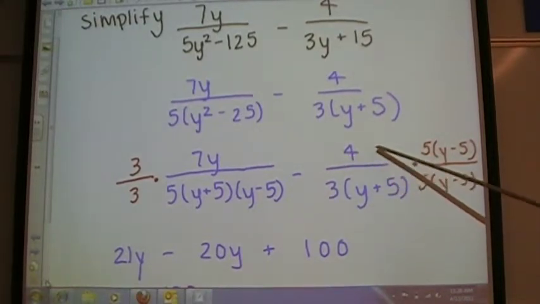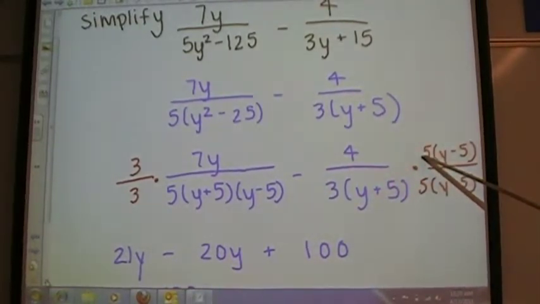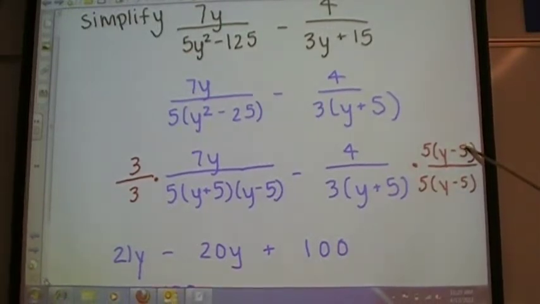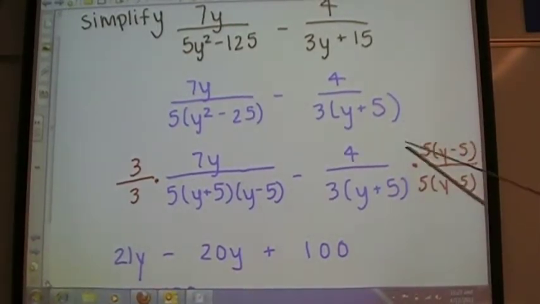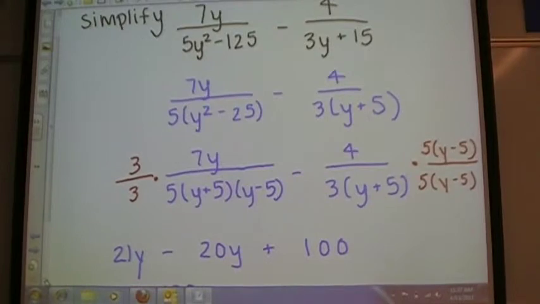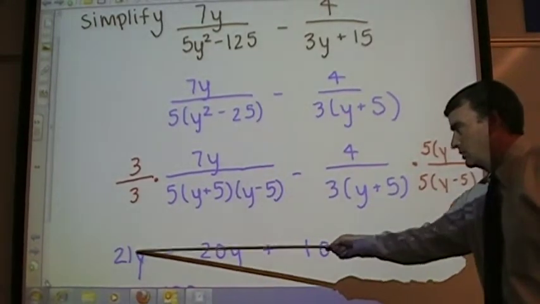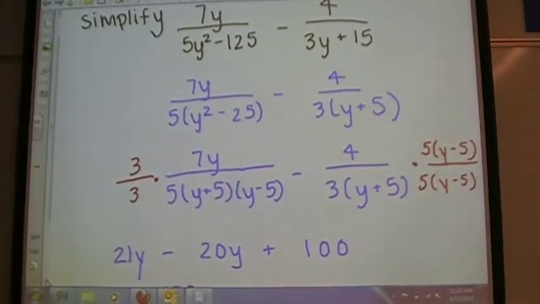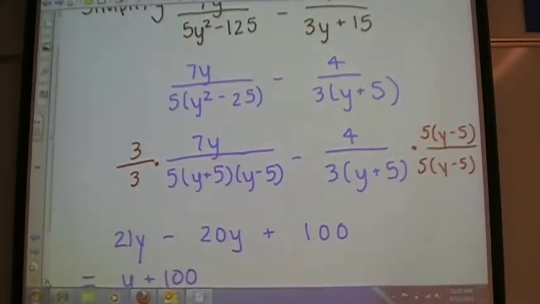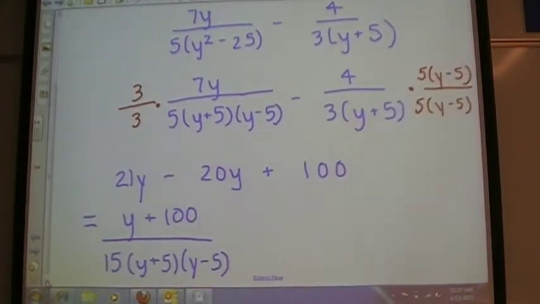Well, you're multiplying this number by this number, which is 20, but then you have to distribute that here. Or you can distribute first, then multiply. Either way, you'll get 100. Okay? Then I can combine these two to get what? 1y. So your answer is y plus 100 divided by your least common denominator, which is 15 times y plus 5, y minus 5.